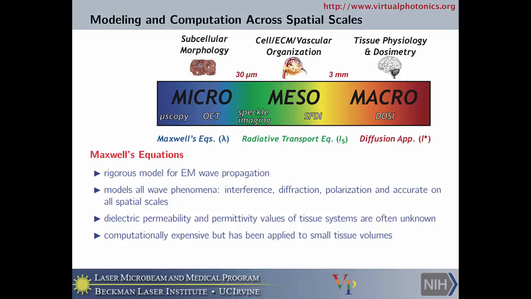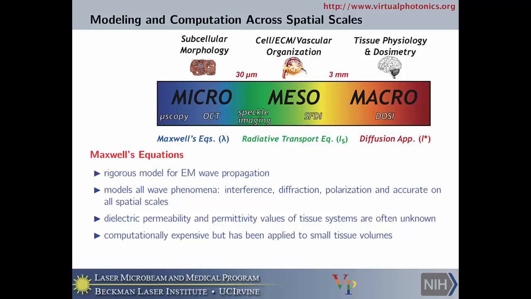The challenge with applying it to biological systems is that in order to solve the electromagnetic equations, the Maxwell's equations, you need to know the properties that govern electric and magnetic wave propagation, and these are known as the dielectric permeability and permittivity. And actually accessing relevant values for those properties for tissue systems is very difficult.